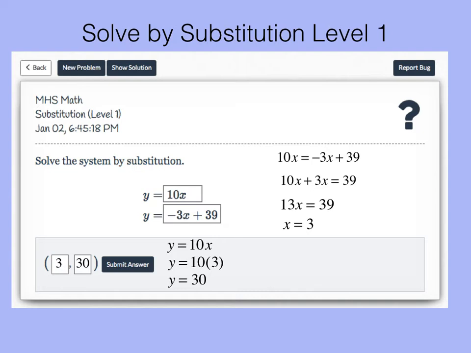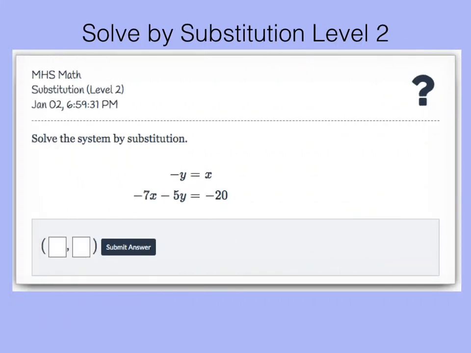So level 1 problems, when both equations are written in terms of y, and you don't have access to graph paper, you can set the two expressions equal and solve for x, substitute the value into one of the equations to solve for y.